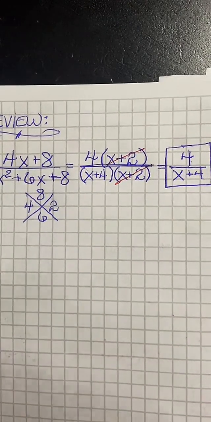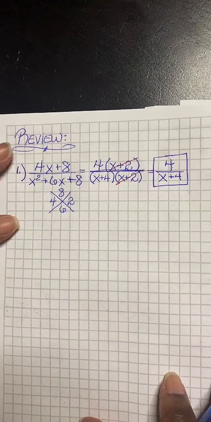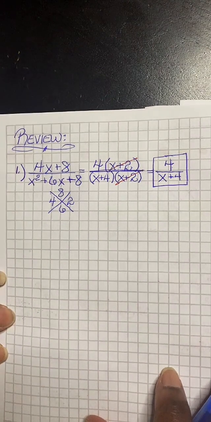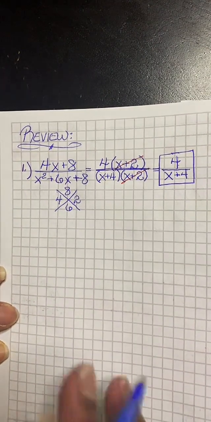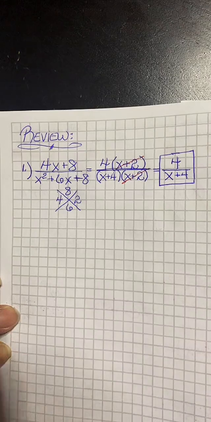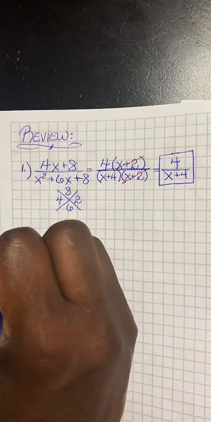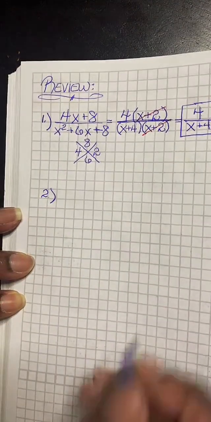Okay. All right, so let me try one more time. I just want to get your juices flowing with the rational expressions before we get into today's lesson, which is multiplying rational expressions. So let us do this one. Number 2, let me raise that up a bit.